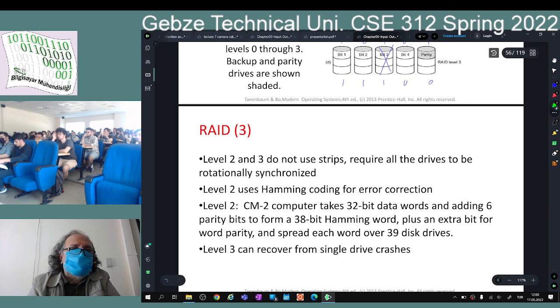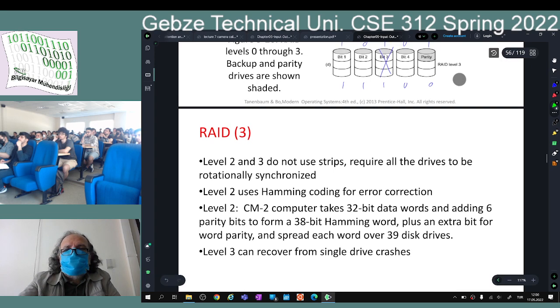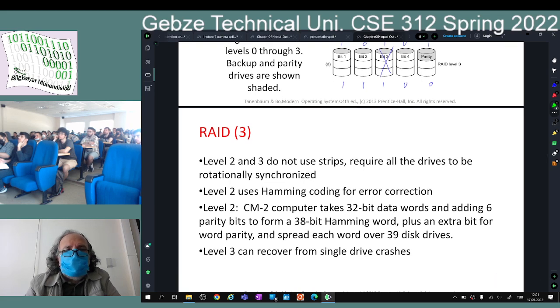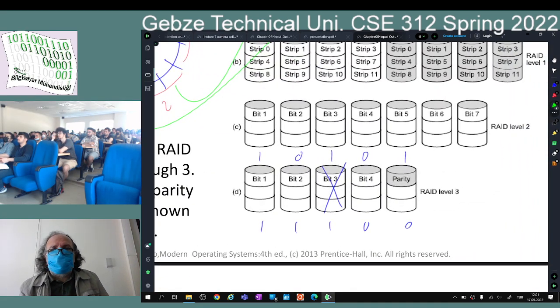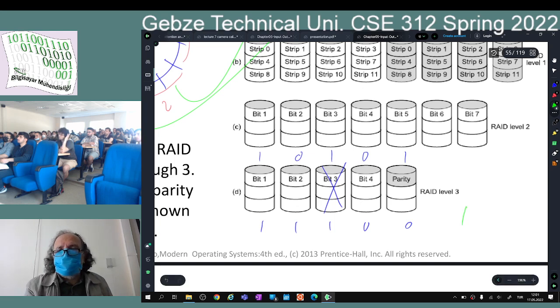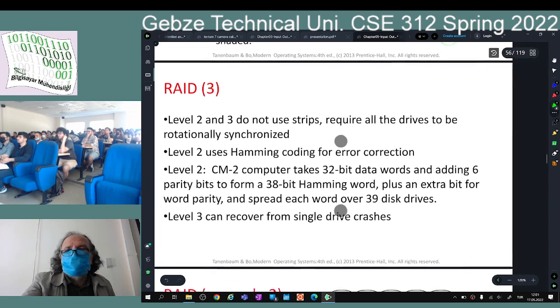Level 2 uses Hamming coding for error correction, but I'm going to show you this level number 3. You might say that this one has a problem in terms of data recovery, but if your device driver, RAID driver, when you give it 16 bits of data, write it to this structure, it just translates the 16 bits into 24 bits using this Hamming coding, okay.